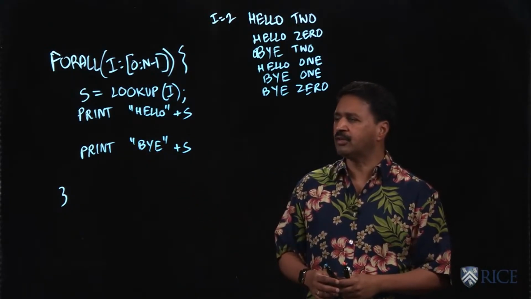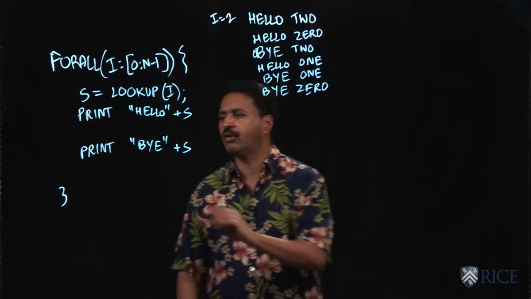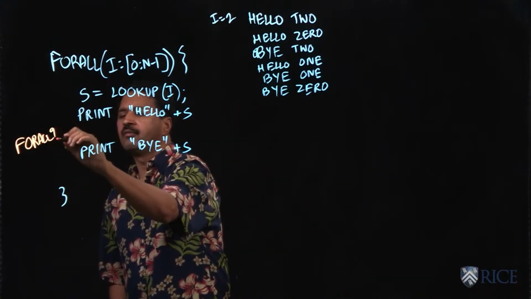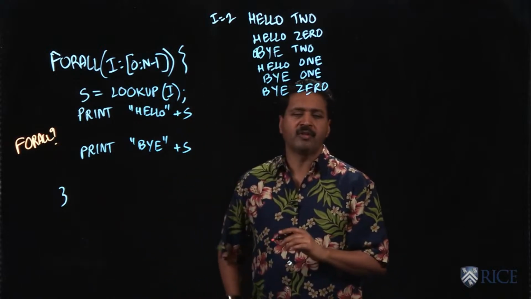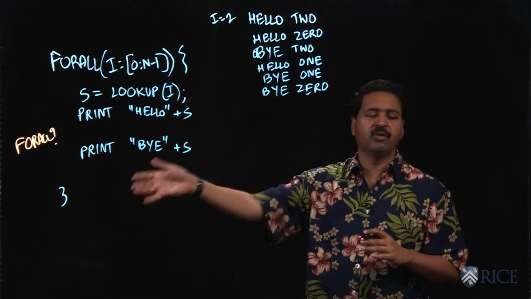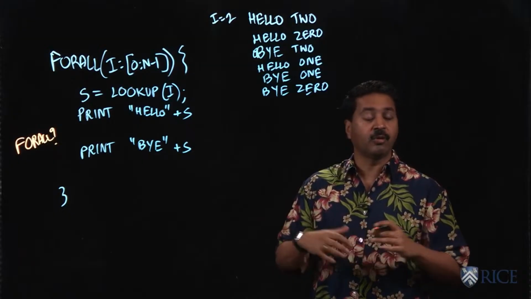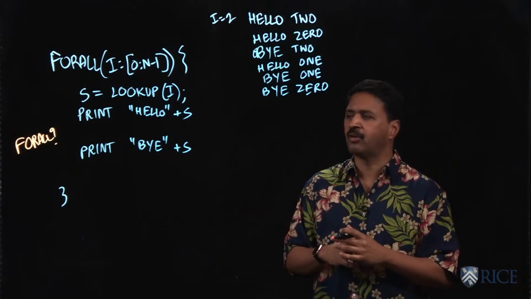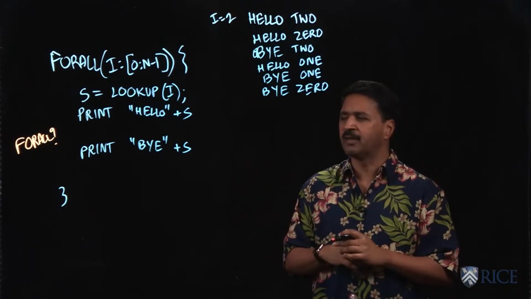Well, one thing we could consider is to put another forall over here for the second print statement. But the problem is if you have a second forall, this lookup value will need to be communicated from the first loop to the second loop, or the lookup needs to be performed again. And in general, you may have more expensive computations that you don't want to repeat.